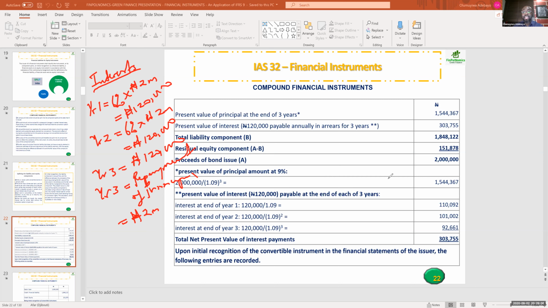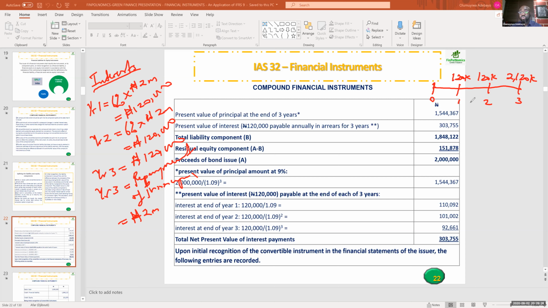Now, if you check your timeline in discounting, you have these cash flows. Year zero, year one, year two, and year three. What are the cash flows you have? You have 120,000, 120,000, and in this year you have 2 million and 120,000.